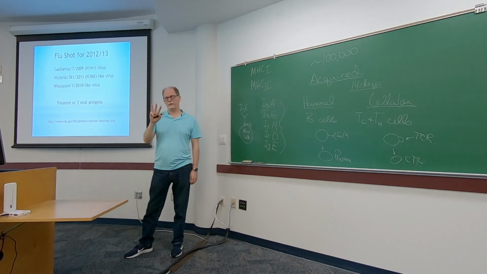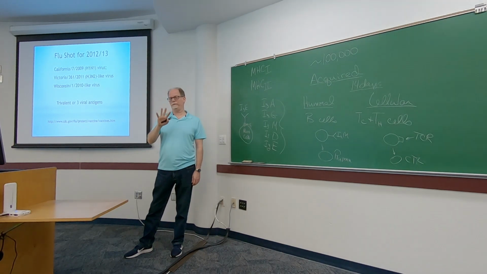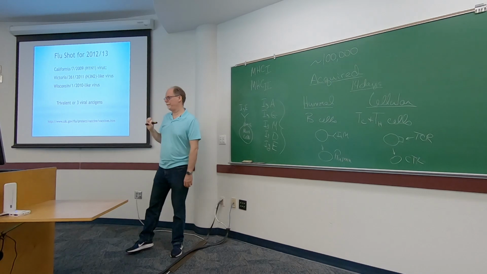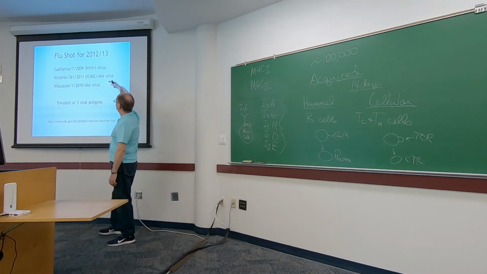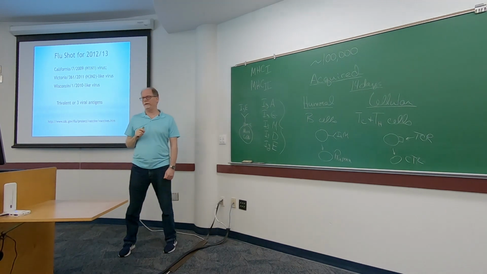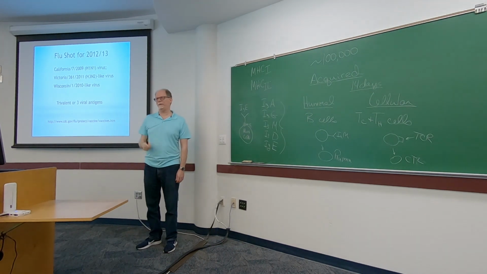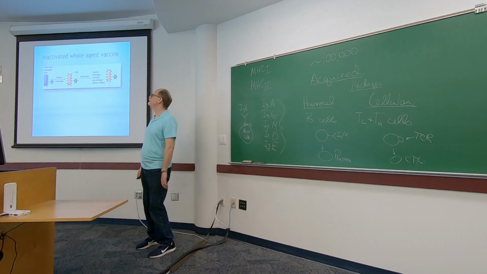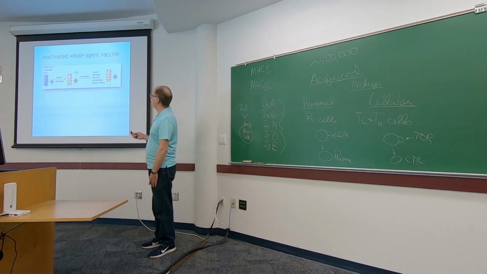That means sometimes now they have some with 4. If it's tri, meaning 3, they have 3 strains of virus, and they're picking one of the antigens on the virus that they hope you make antibodies to.